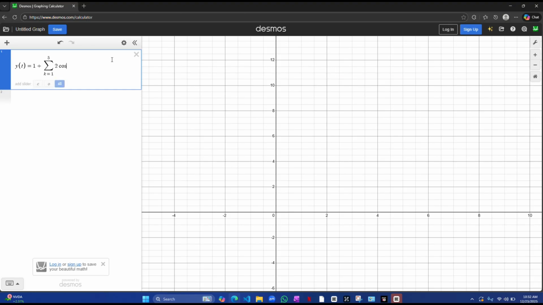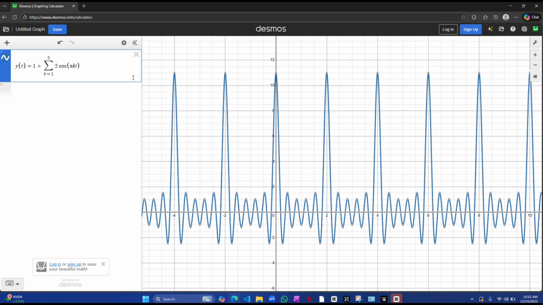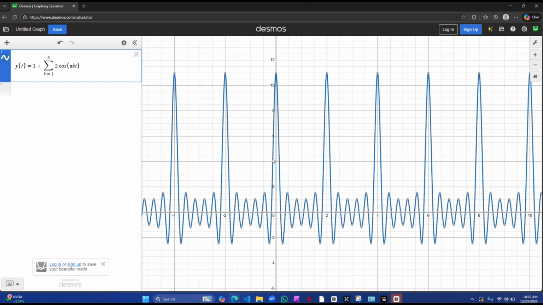So this is 2 cosine pi kt. As you can see, we're getting an impulse, right? Again, the reason why it's ending at 11 is because this has to equate to an area of around 2, because A was 2, all right? And again, we're getting periodics at 0, 2, 4, 6, 8, and -2, -4.